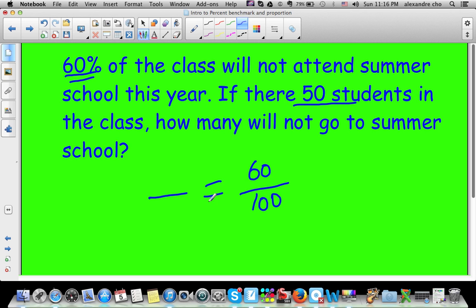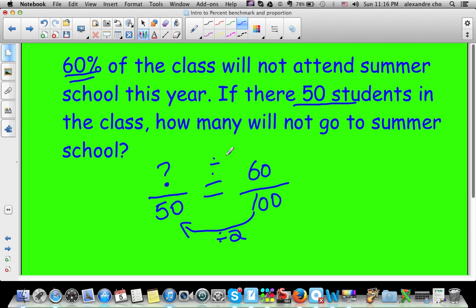50 students in the class means that there are a total of 50 students, so total goes at the bottom. The part is that little piece of information we don't know. So part of the 50 kids are not going to summer school. So what's the relationship here? Well, from 100 to 50 is divide by 2.